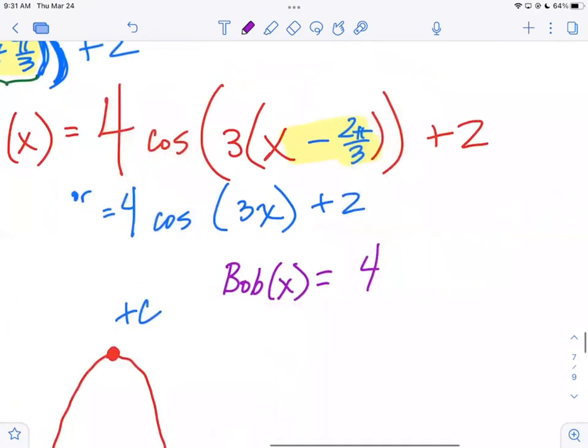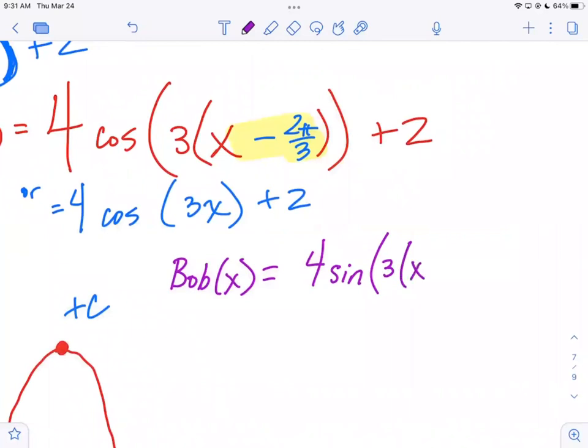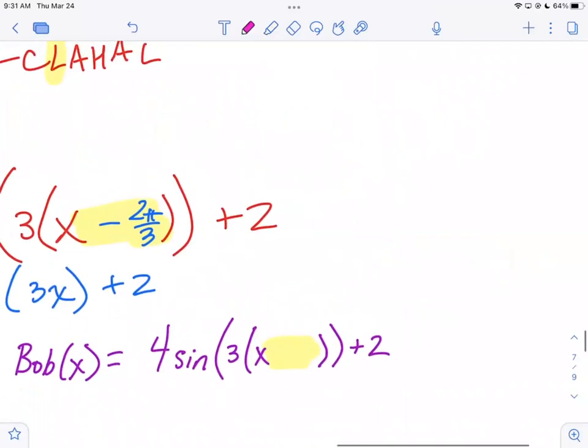So what's it going to look like? Well, it's going to be positive 4, but now it's going to be sine instead of cosine. 3 is still B, but now it's x plus or minus something, plus 2 is still there. So again, the only thing that's going to change is the phase shift. Now, what am I looking for with a positive sine? High. Very good. I need to be on axis going high.